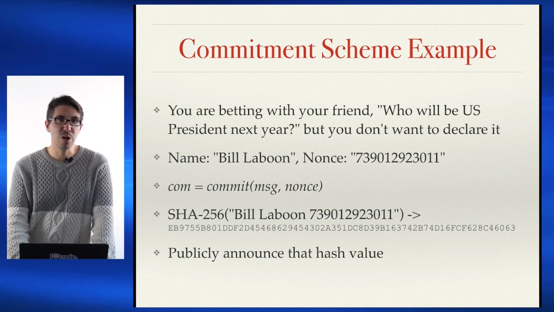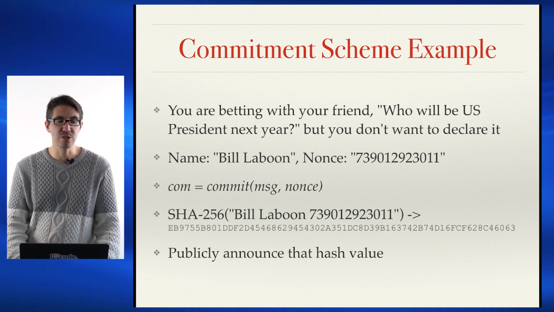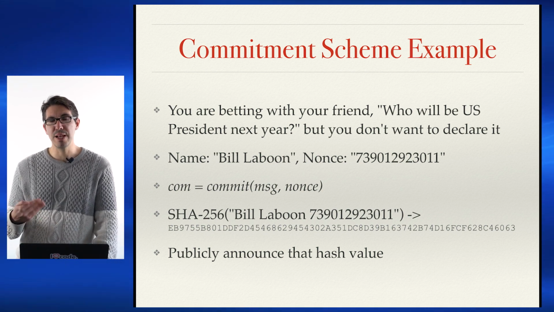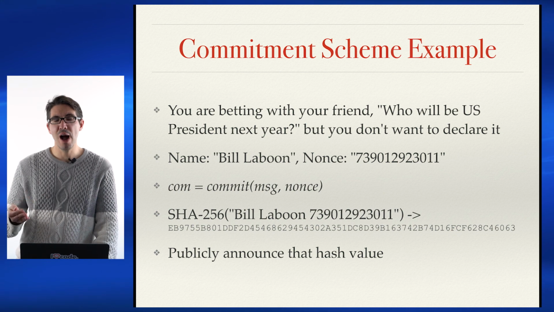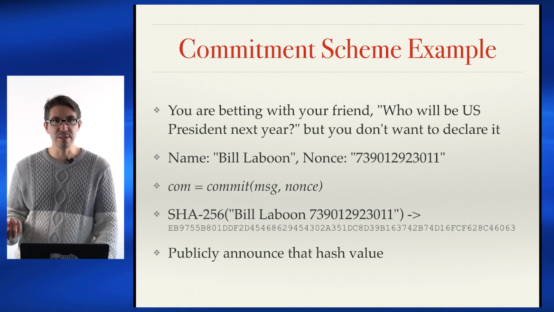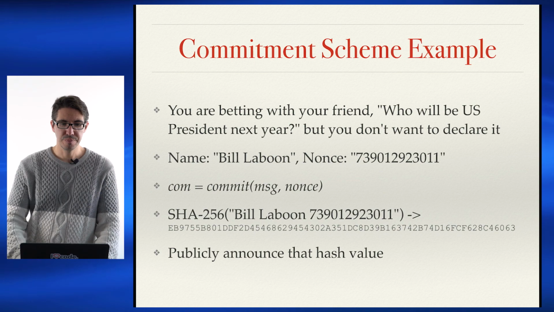It is also difficult for someone to figure out who your guess is, assuming you've picked a large nonce. Because if there are only a few people who might potentially be president, then you could try each of their names in turn until you figure out what it hashes to. By adding this additional nonce, you have made that much more difficult.